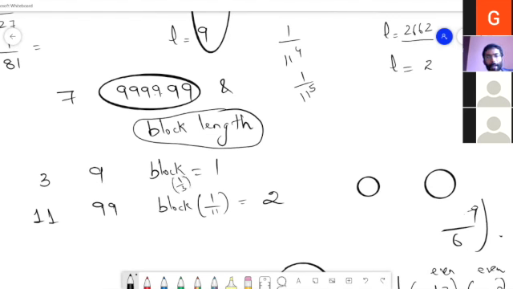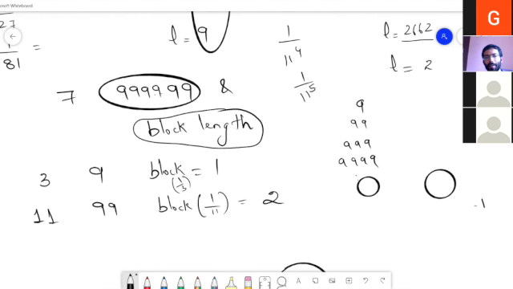Okay, so now I'm asking, let us look at the smallest sequence of 9s. Let us just consider all the possible sequences of 9s. So that is 9, 99, 999, 9,999, and so on, right?